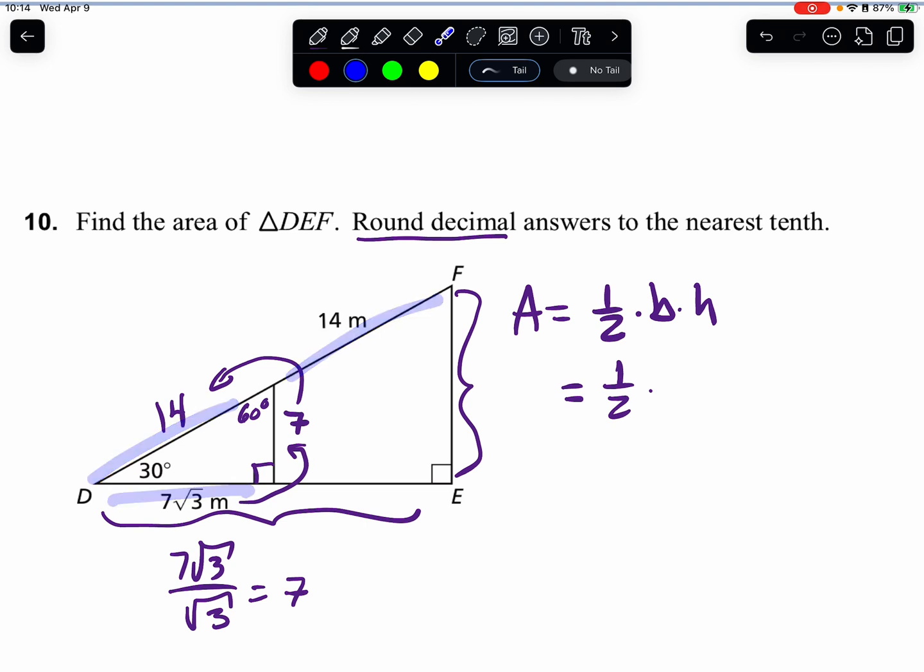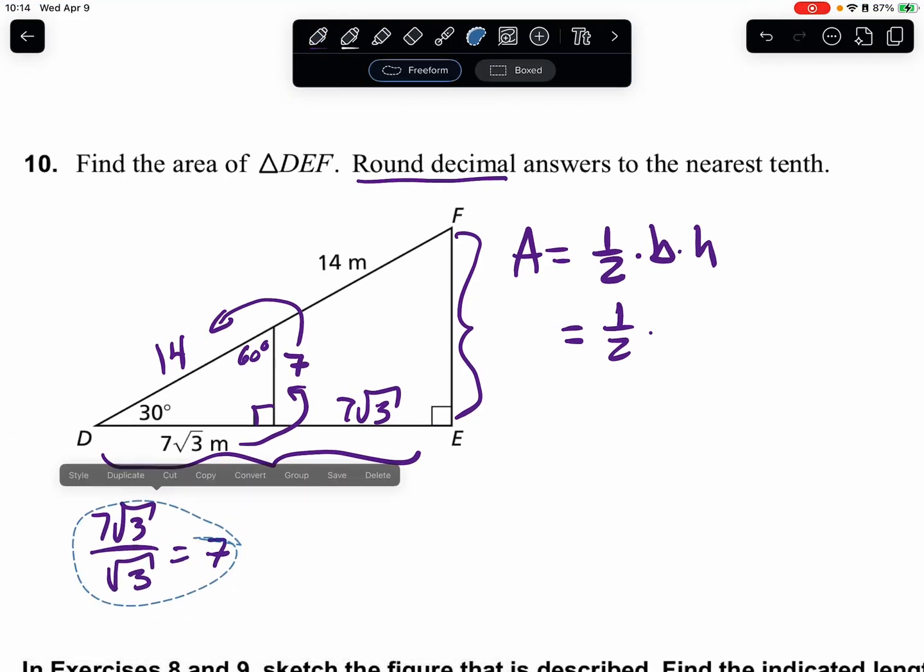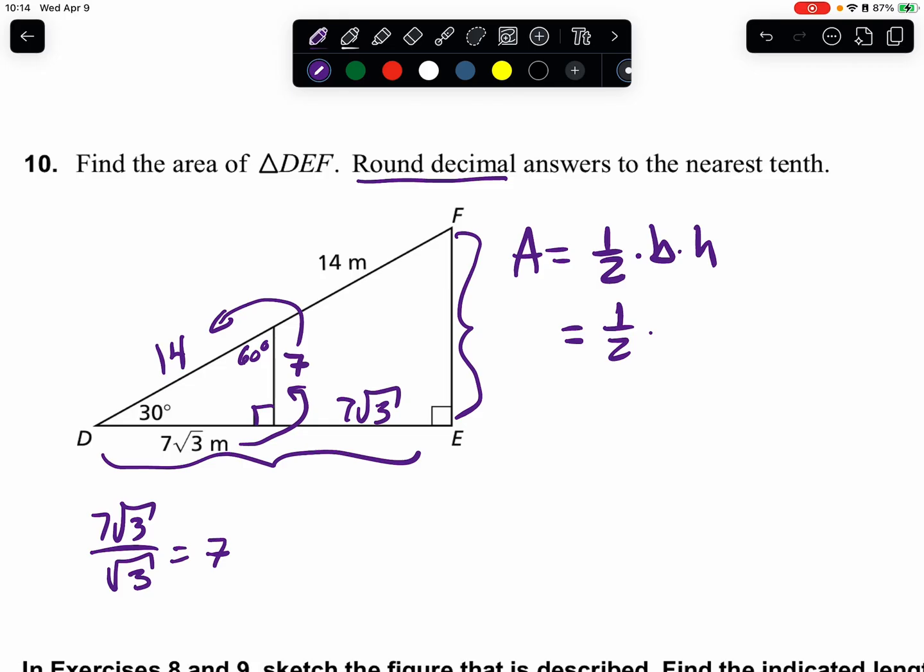So 7 root 3, and then this piece here would also need to be 7 root 3. So what is my total length and total width? Oh, well, hang on, before we do that, let's get this side over here. So this is 7, so there's going to be a 7 and a 7, so this is 14.